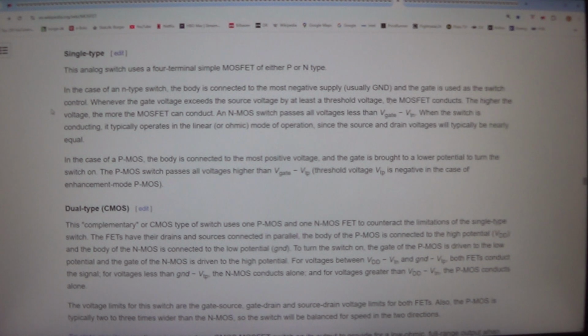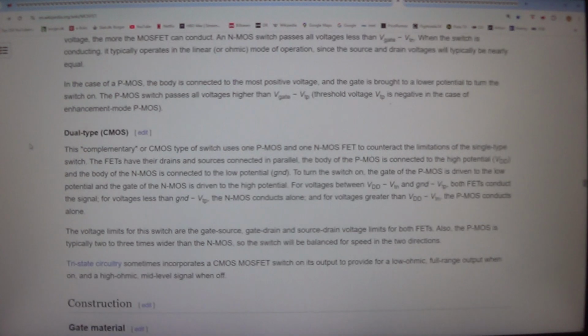The higher the voltage, the more the MOSFET can conduct. An NMOS switch passes all voltages less than VG minus VTN. When the switch is conducting, it typically operates in the linear, or ohmic, mode of operation, since the source and drain voltages will typically be nearly equal.